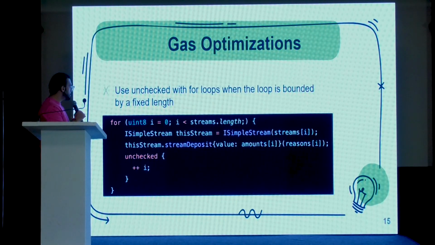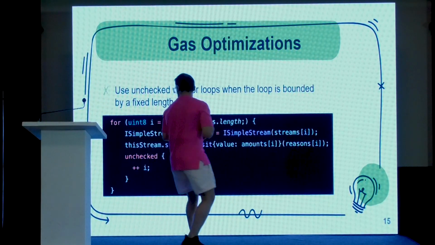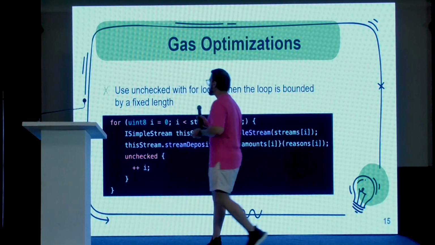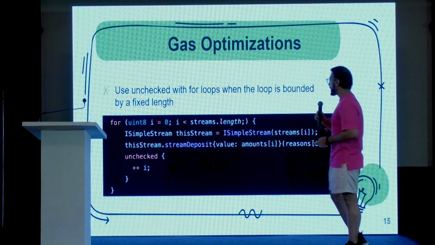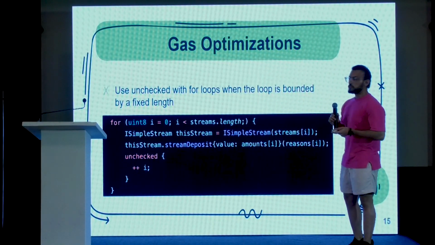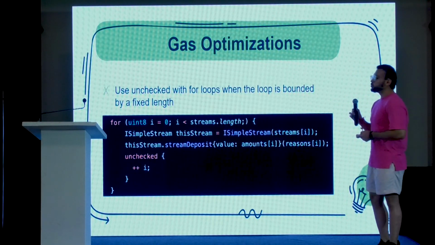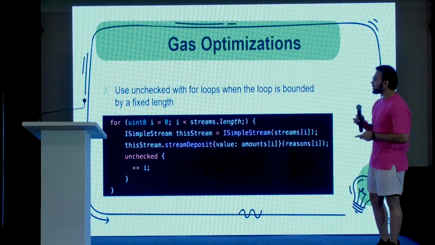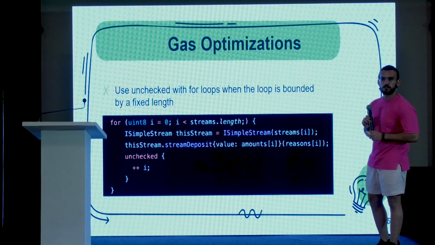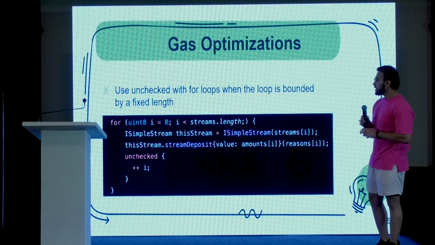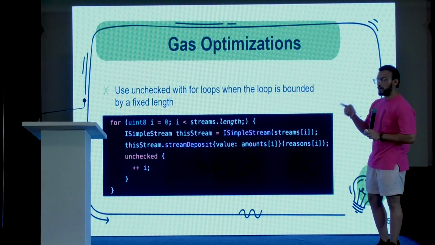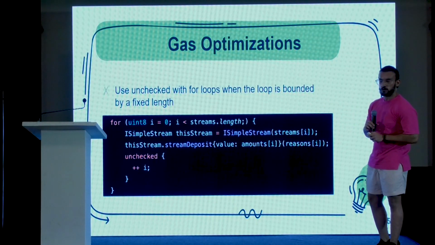And what you can do is, if you are working with for loops where the loop is bounded by a fixed length, instead of using a traditional for loop in a traditional manner, you can increment the iterating variable in an unchecked block, right?